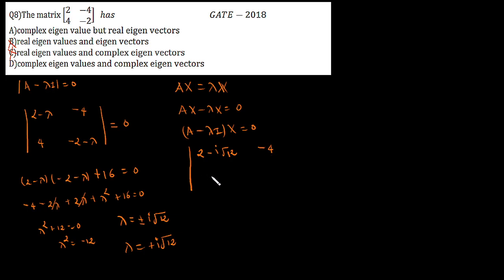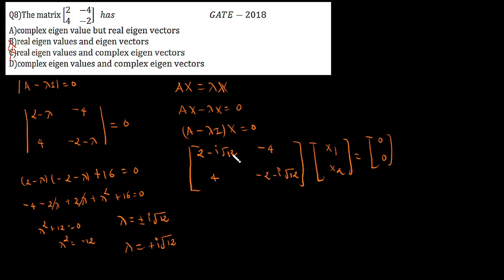Now in the second row, this 4 will remain as it is, and I have to also subtract this number from this fourth entry. Here it is the matrix. And now let's assume this vector has two values in general terms, x1 and x2, and these are unknown. On the right hand side, we have 0. So now all we have to do is solve for these unknowns x1 and x2.